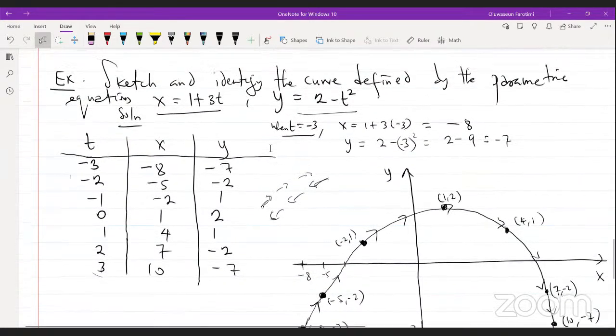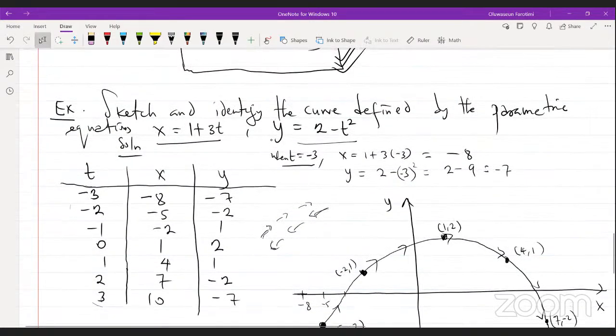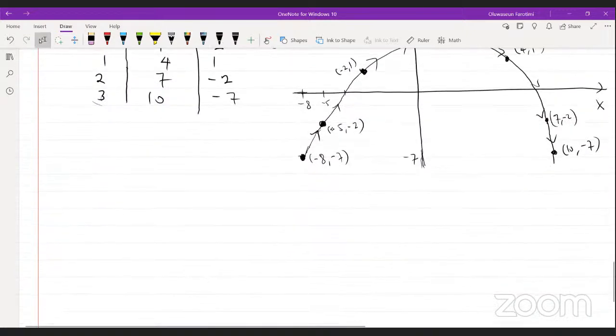So now, what's the last thing we're left to do? It says identify the curve. So we've got to fix this part. And how do I identify the curve, guys? We're going to eliminate the parameter t.